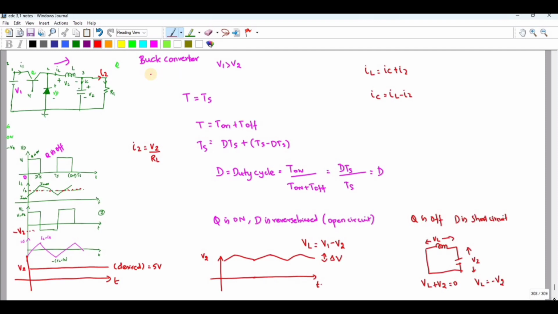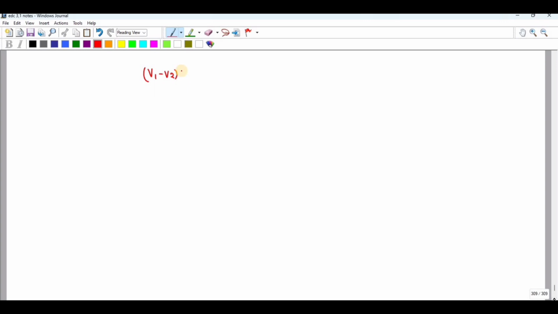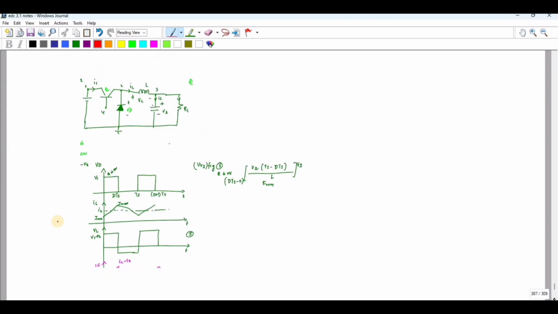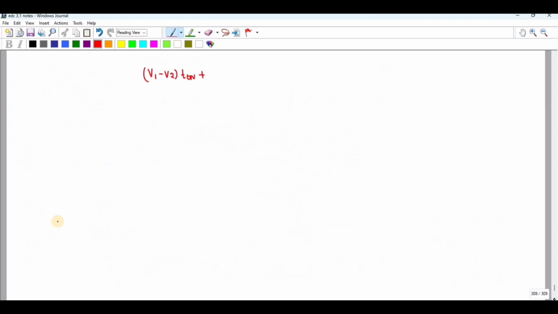So (V1 minus V2) into T on, plus minus V2 into T off, that is equal to 0.